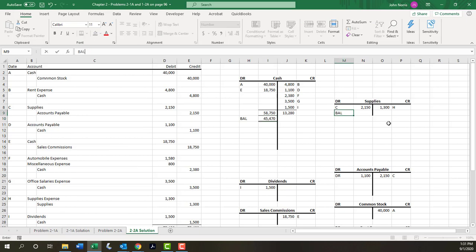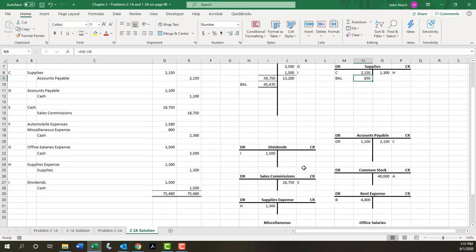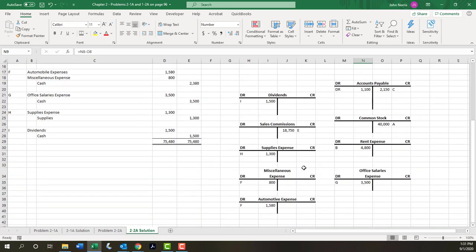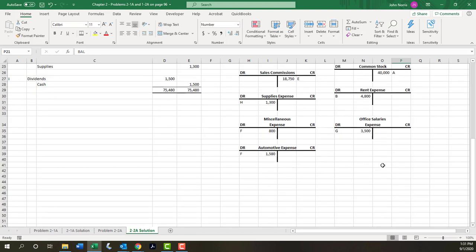Supplies equals $850, and everything else, so except here, accounts payable is left with a balance of $1,050. And then from here, we could go on.